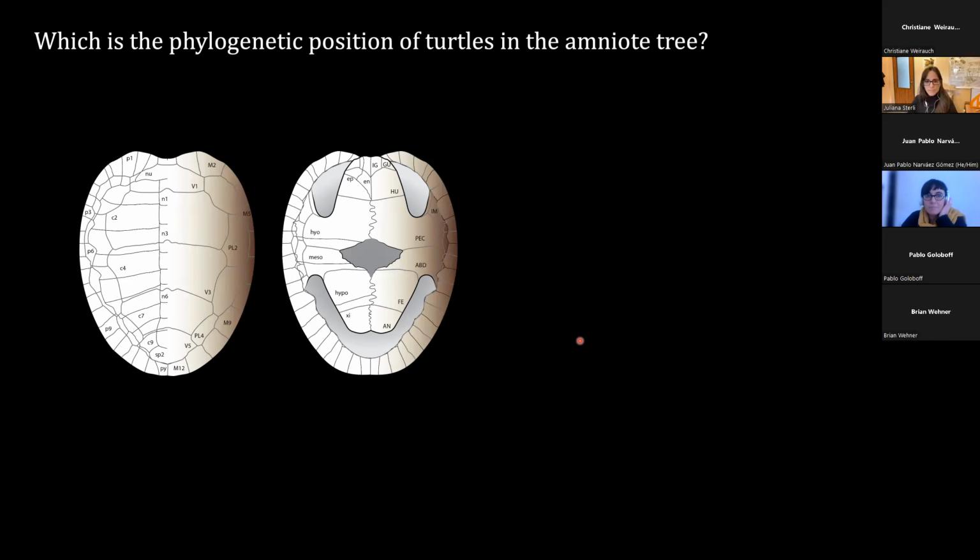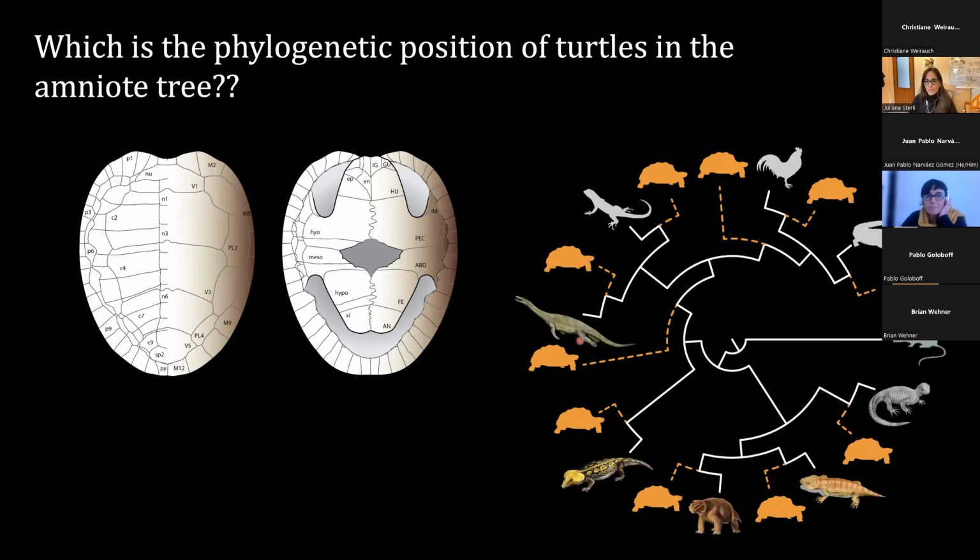Maybe because it is obscured by the presence of a shell, but it is certain that turtles have been related with mainly all clades of amniotes. As you can see here, this is not exaggerated. On the contrary, I was trying to post the main hypotheses.